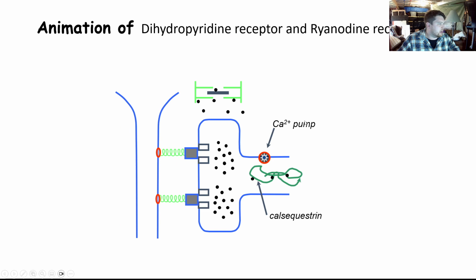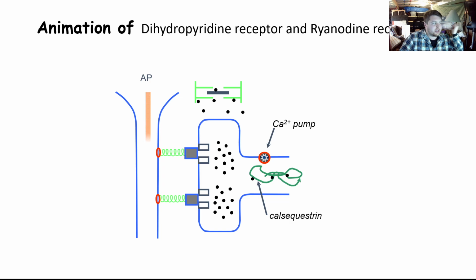So there's going to be this nice little animation. We have our action potential. We have a calcium pump that's responsible for bringing calcium back into the sarcoplasmic reticulum. Once the calcium is inside of the sarcoplasmic reticulum, it is held by a protein called calsequestrin.